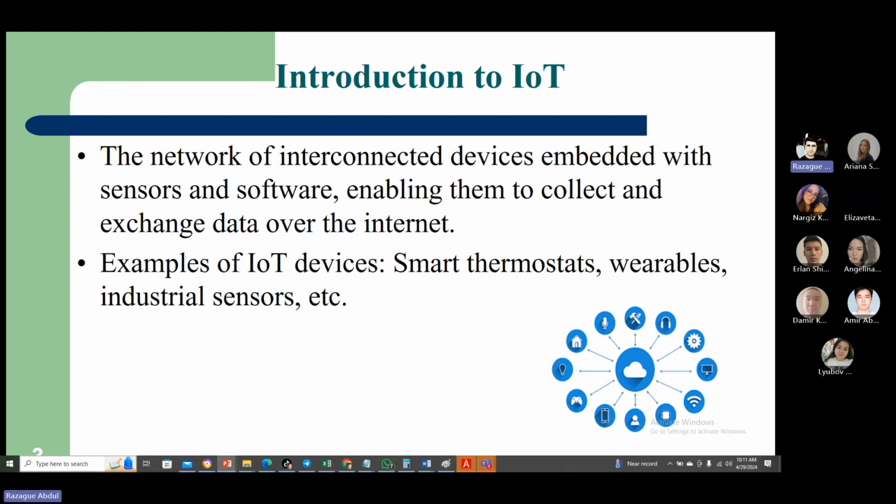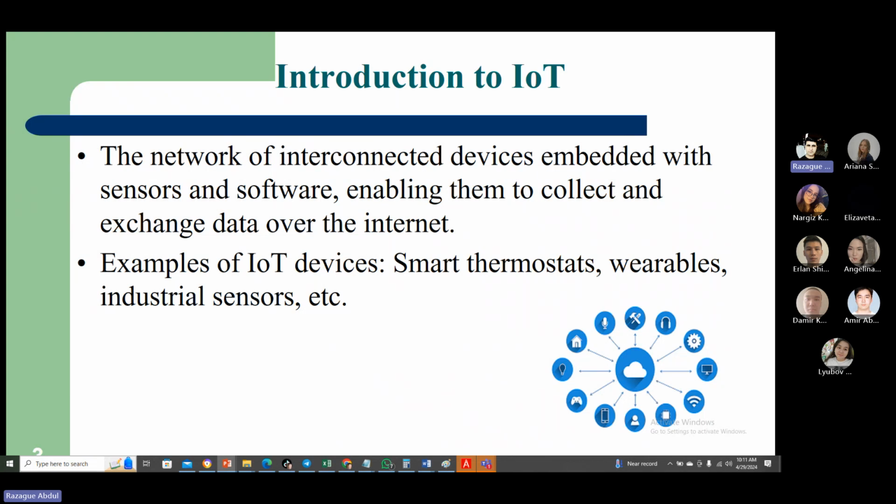These can be connected with Wi-Fi, Bluetooth, Zigbee, and cellular networks. These enable the IoT devices to communicate with each other and with centralized systems. Often we can use the internet.